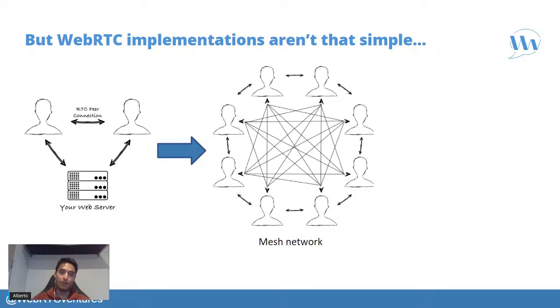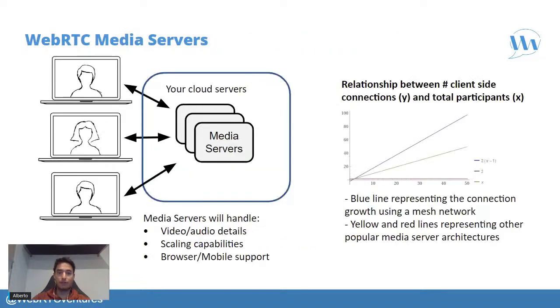So this evolved to new architectures that were based on media servers. The idea of the media server is an intermediate device that would help us distribute the traffic. And here at the right, I don't know if you can see it, but it's a representation of the number of client-side connections based on the number of participants.